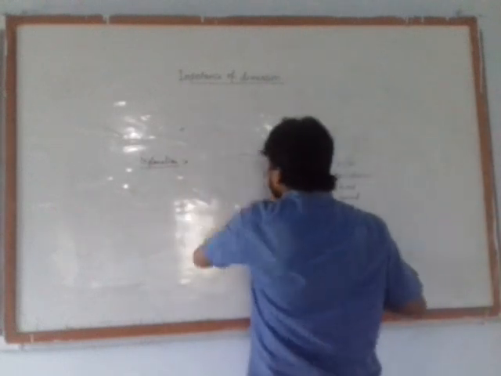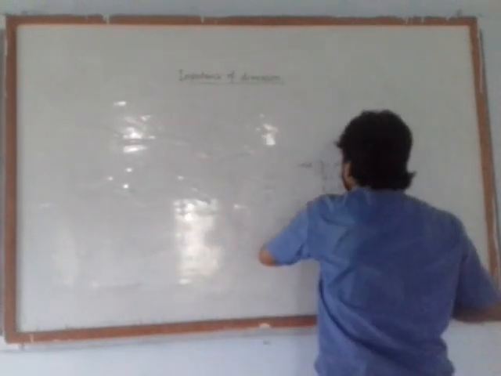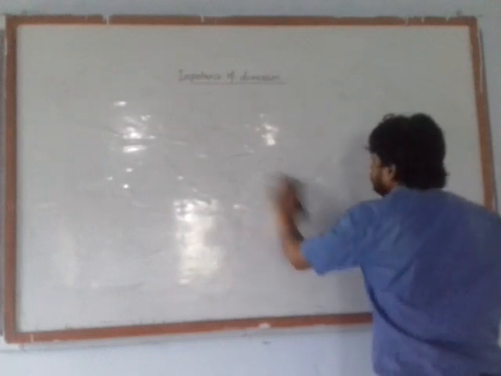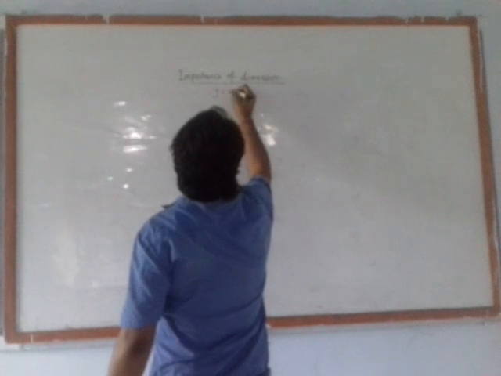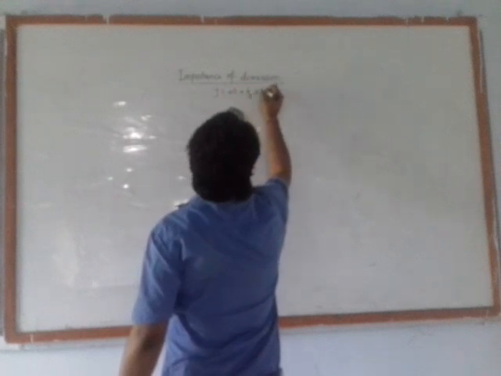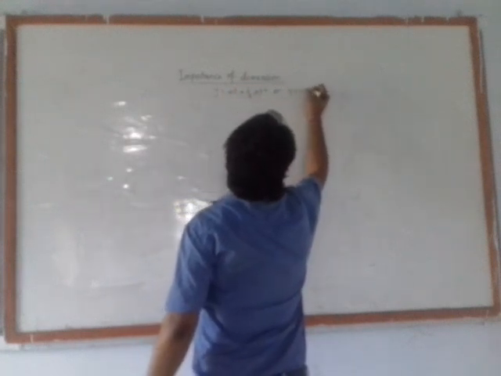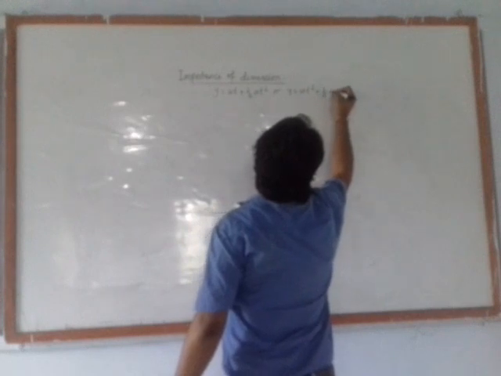So let us see, students. Already we know the quantities. There are 4 variables. The equations to be checked are y is ut plus half at square, or y is ut square plus half at square.